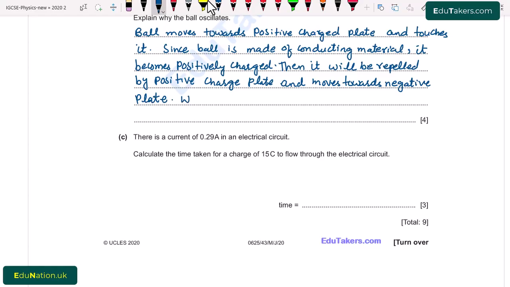When it touches the negative plate, it loses its charge.